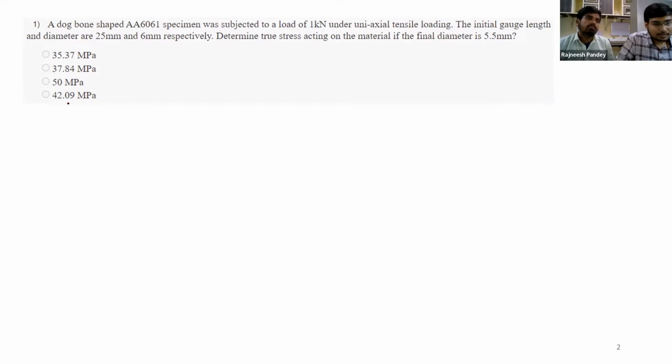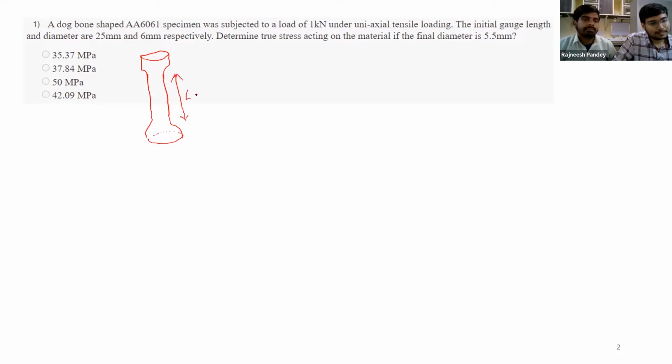So let me draw the specimen first. Basically a dog bone specimen is a cylindrical specimen. It looks something like this, and this is the reduced section.